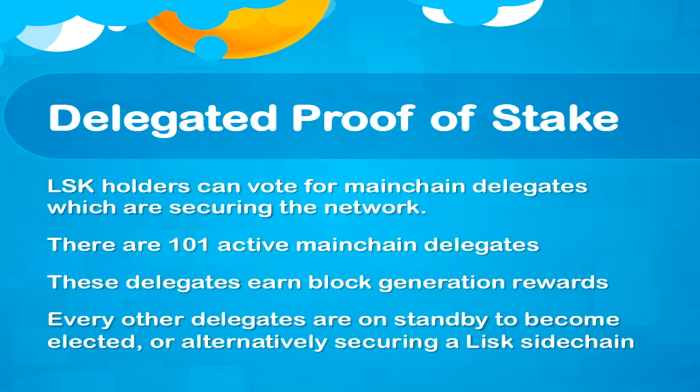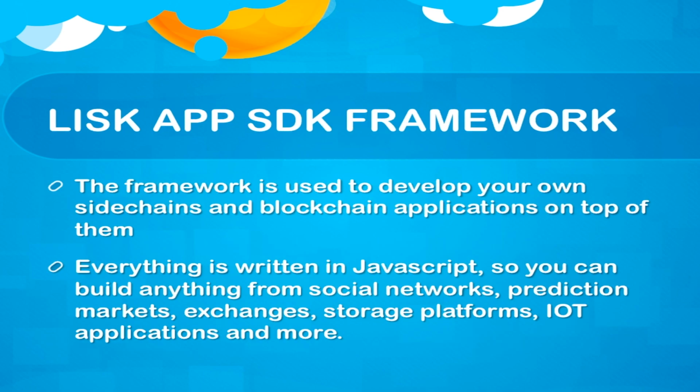So basically what delegated proof of stake does is it pays users essentially for holding their Lisk tokens for a very long period of time, and the more tokens you acquire, the more rewards you get paid to forge the block versus mine the block. That's essentially what proof of stake does. It's basically paying you dividends based on the number of coins you have and the duration that you're holding those coins.